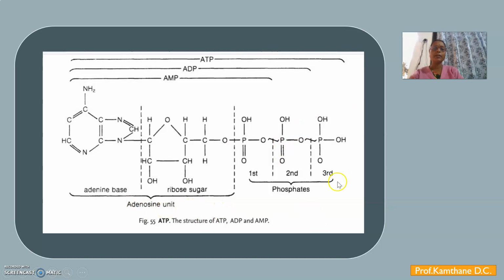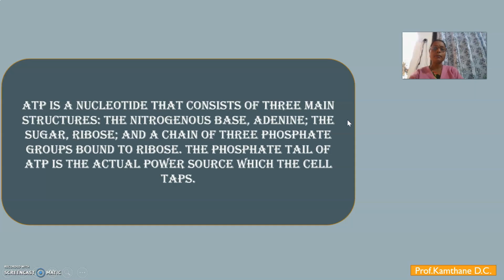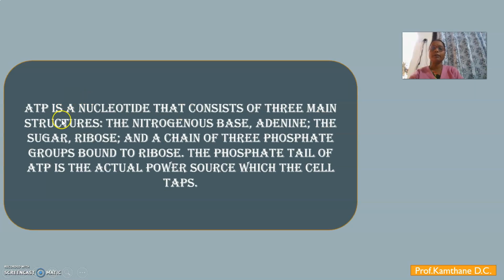ATP has three main structures: the nitrogen base adenine, the sugar ribose, and a chain of three phosphate groups bound to the ribose.